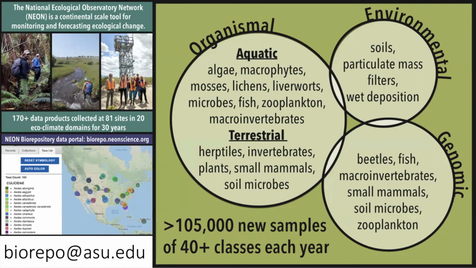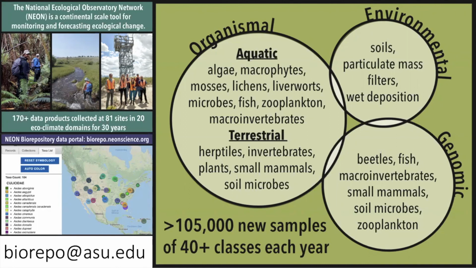NEON is a continental-scale tool for monitoring and forecasting primarily ecological change. They're collecting over 170 data products that are freely and openly available on their data portal, and the project is intended to run for 30 years, starting last year in 2019.